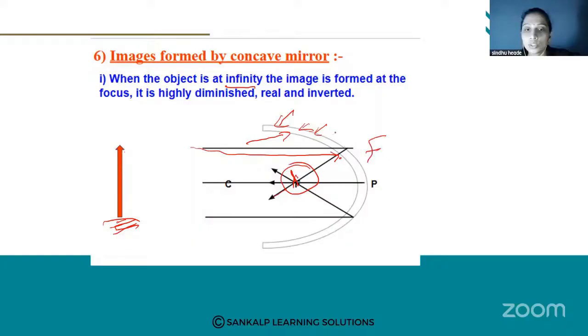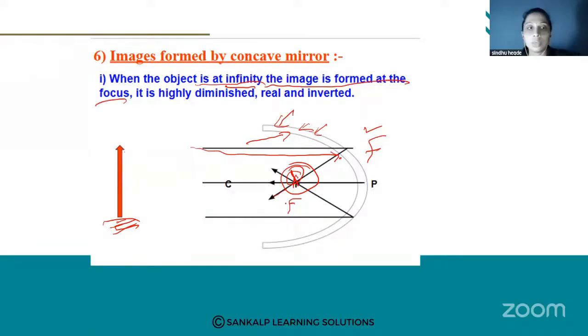In yesterday's class we learned about these terms, right? This is also one of the terms used in a mirror. Here F is nothing but the principal focus. So all the reflected rays converge at the point F. Just understand this statement: when the object is at infinity, the image is formed at the focus.